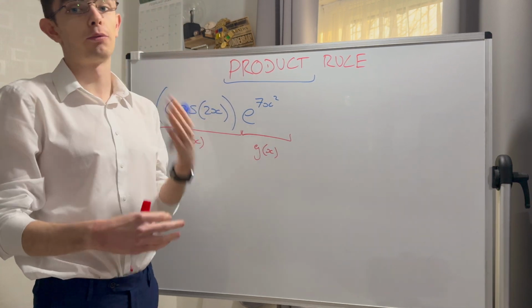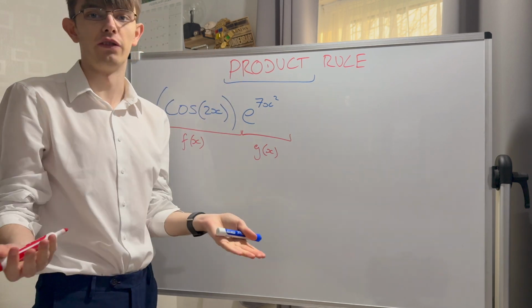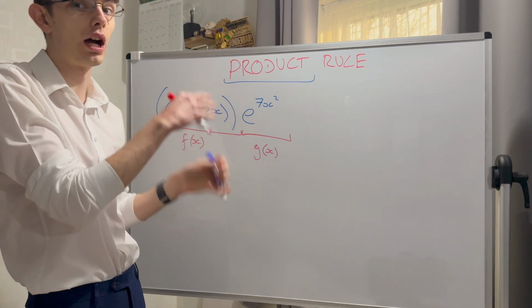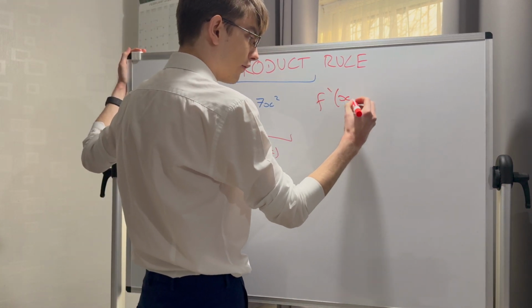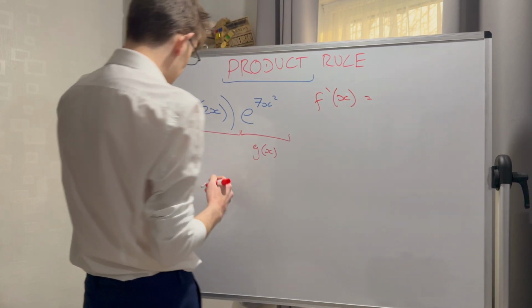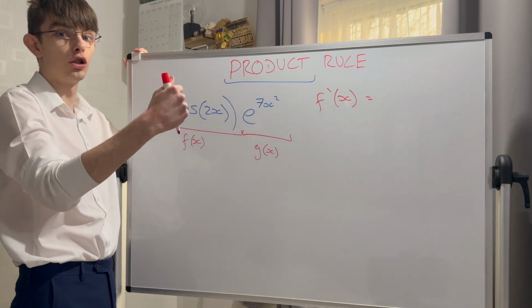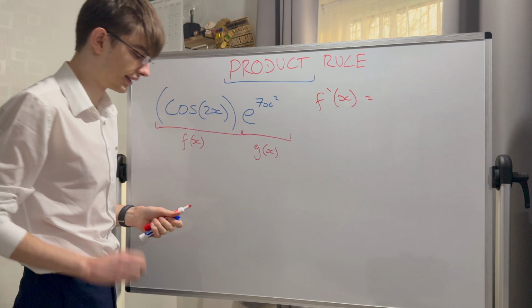I know in my product rule I'm going to have to differentiate them both separately, so I'm going to start off by doing that, just to make things a little bit easier for myself later. Rather than doing it live, I'm going to get it prepared. So f prime of x, well, hopefully we can just look at this point and realize that this is going to be minus 2 sine of 2x. But let's just work through the chain rule just to be nice and consistent.